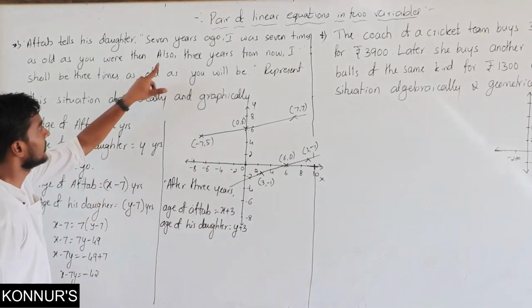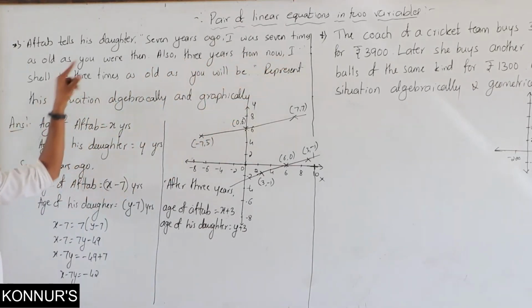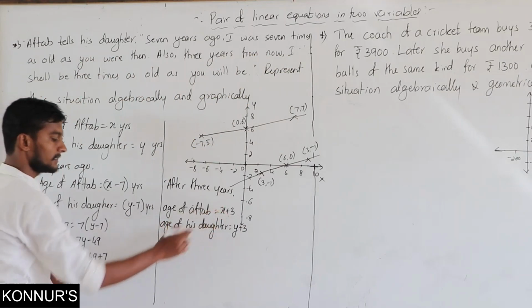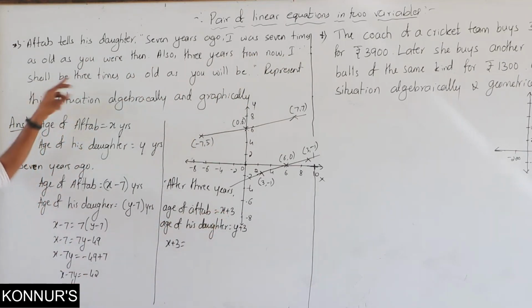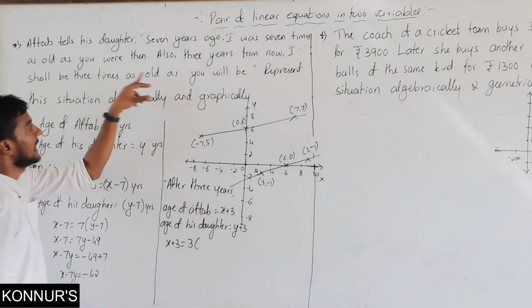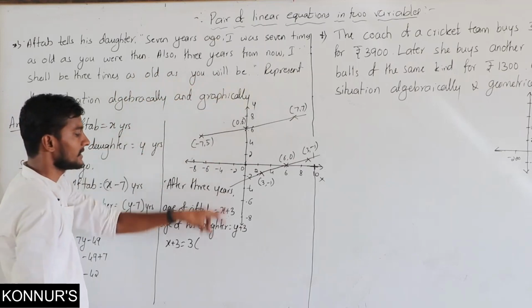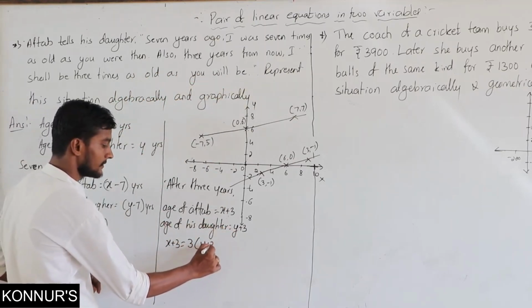So the condition is what? 3 years from now, I shall be, I means again Aftab, age x plus 3, I shall be 3 times as old as you will be. You will be means his daughter, after 3 years y plus 3.